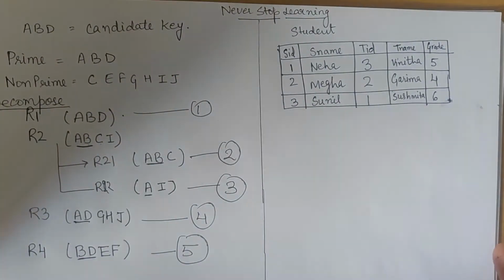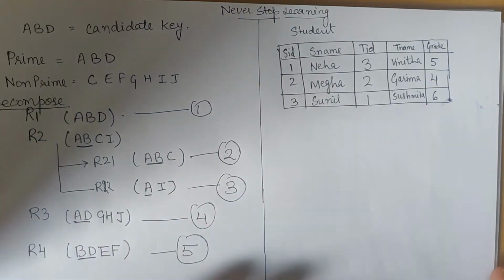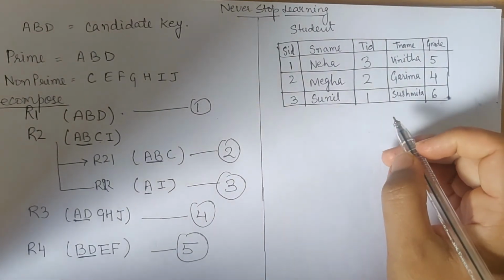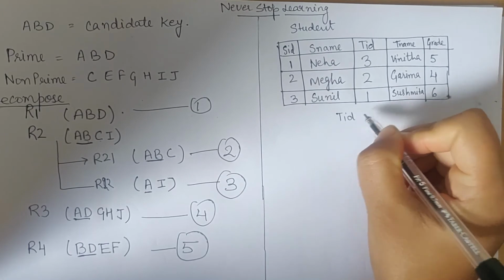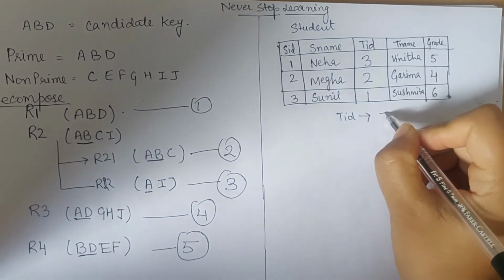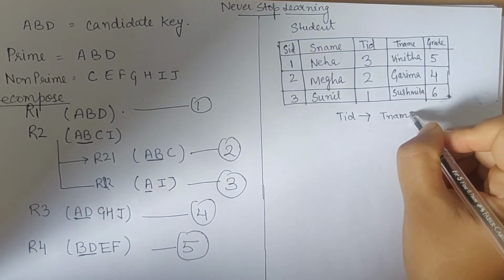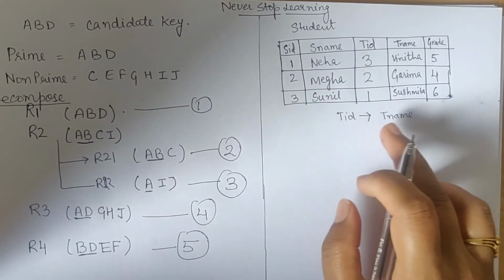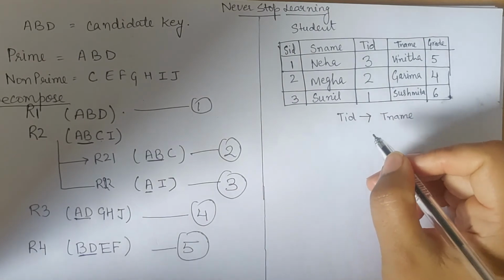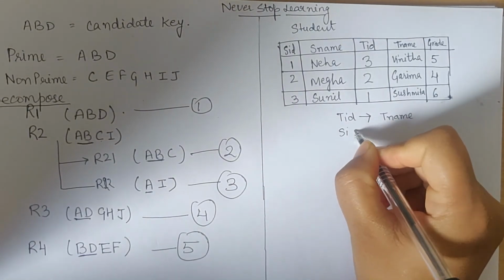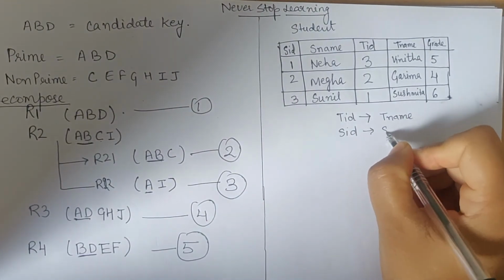For this student table, let's assume we are having the following functional dependencies. I am saying that TID determines TName. If I know the teacher ID, I can tell you the teacher name. Second functional dependency: SID determines SName.